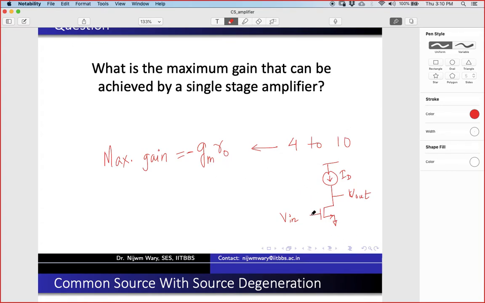So if I use an ideal current source and do the simulation, this will give me the maximum gain that is possible. Ideally it is not possible to get an RD infinite, because ultimately we will also be implementing this current source with MOSFETs only. So ultimately it will be lesser than GMRO. This is basically the maximum, the ceiling. Okay.